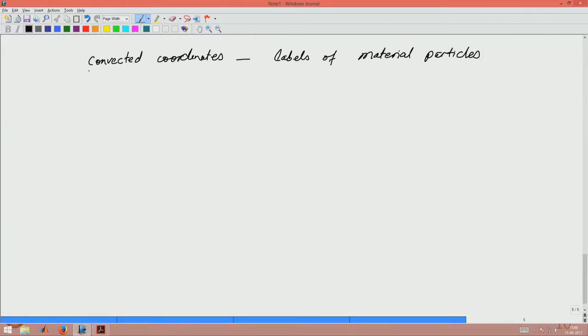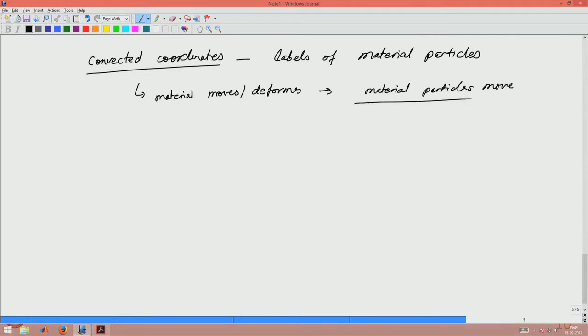And so, when the material moves and deforms, the material particles move, but the convected coordinate of a given material particle remains the same.